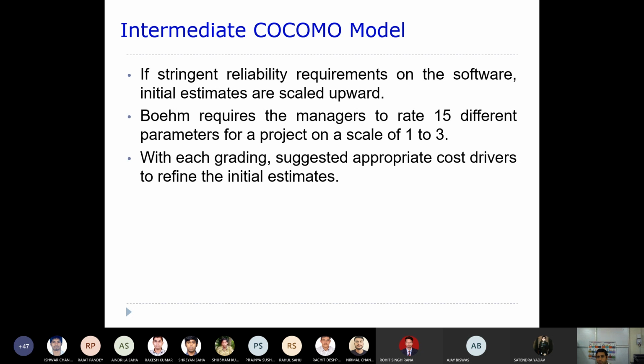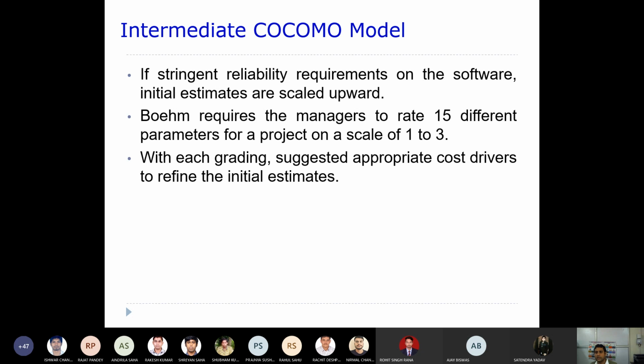It should be a much more reliable one. That means you need to give more effort and more time to come up with very reliable software. If that requirement is there, your effort will usually increase, so the factor which you multiply should be greater than 1. As a result, it will increase.